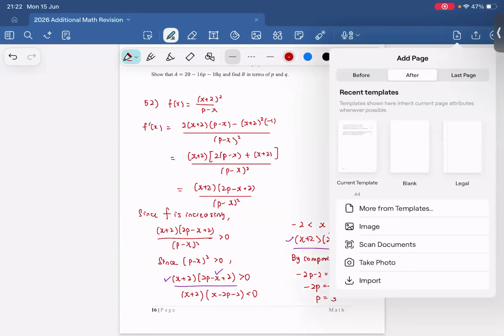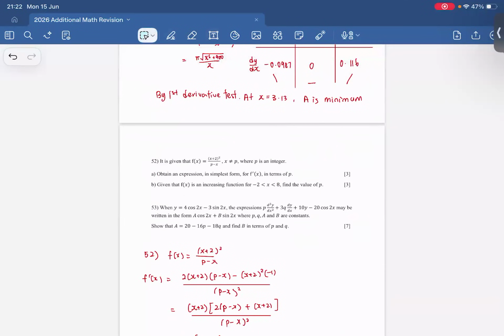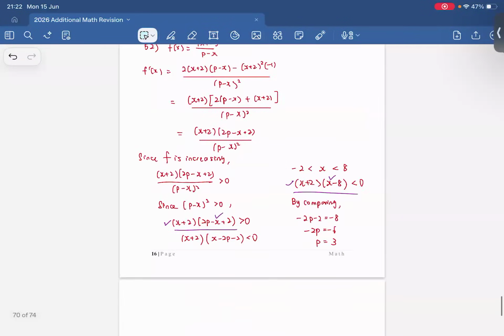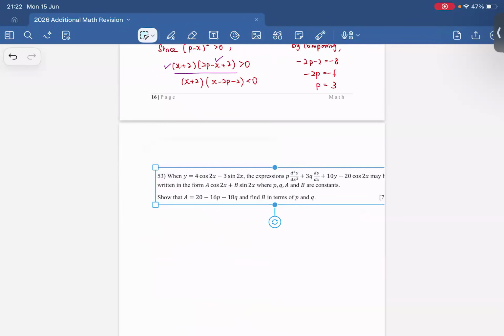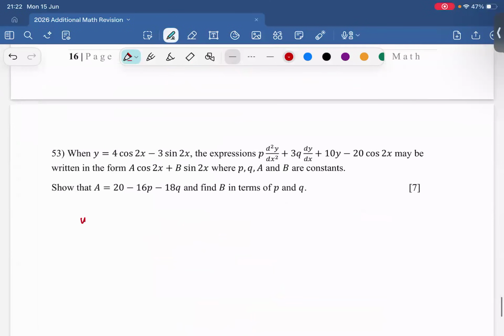Okay, now let's move on to the last question. When y equals this, the only thing that you can do when you pick up a question like that is to just find your dy/dx and d2y/dx^2. So dy/dx is equal to, differentiate cos 2x is just negative sine 2x, but need to times the 2.